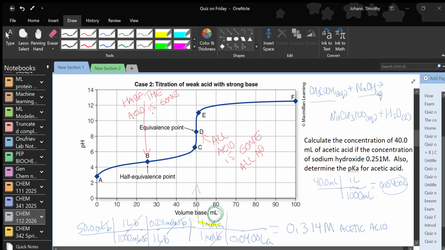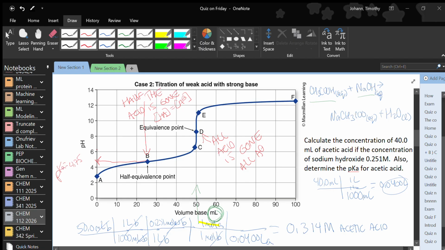And so what that means is HA here is going to be equal to A minus, and that means that this is where our pH is equal to our pKa. So if I want to go across and read this, I would do it with a ruler or a sheet of paper if I had one. I'm going to read that as 4.75. I'm being a little influenced by the fact that I know what the pKa is.